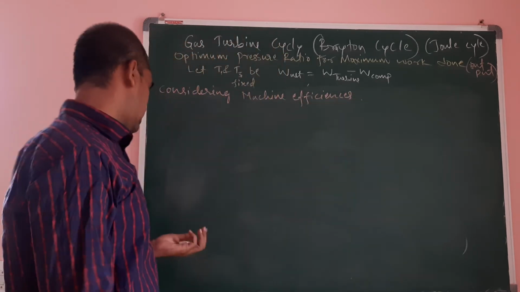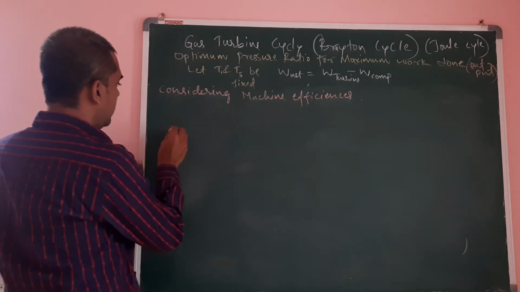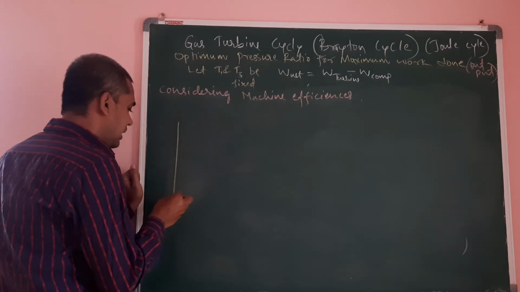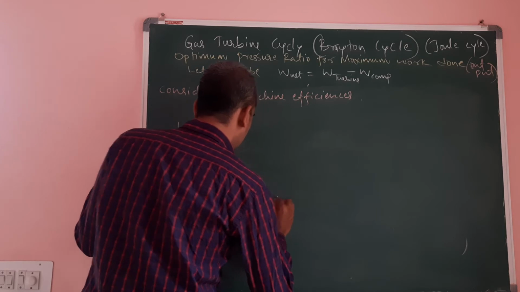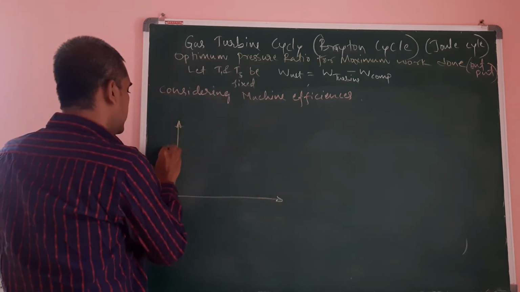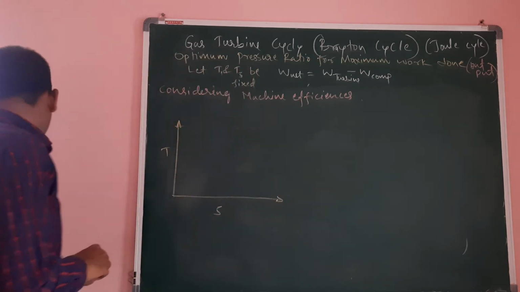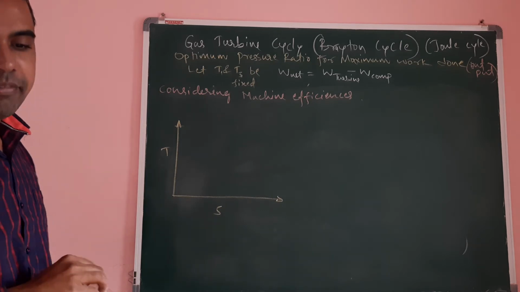Okay, machine efficiency. I will draw the TS diagram here considering machine efficiency. Previously, what I had drawn was a PV diagram.